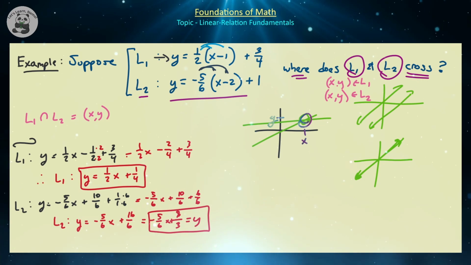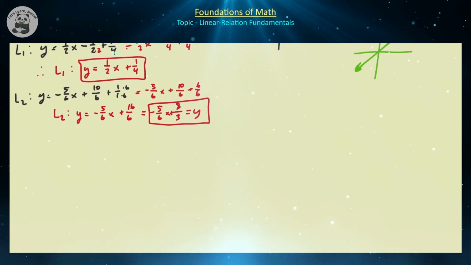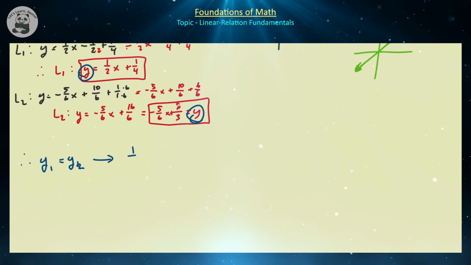So if these two lines cross, then these values of y must be equal to each other. If the y of the first equals the y of the second, then this implies 1/2 x plus 1/4 must be equal to minus 5/6 x plus 8/3.